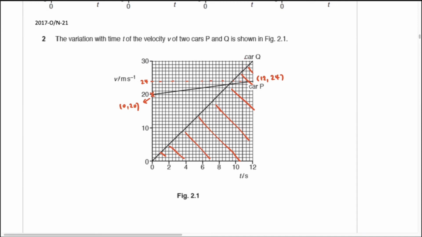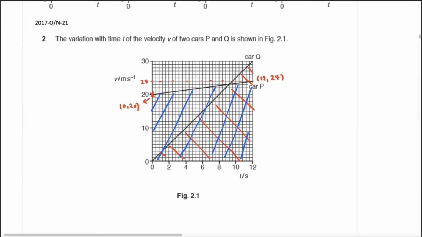Of course, the displacement is the area under the graph. Area under the graph is the distance straight away. For car P, you have to use this, the area under the graph also. It's a trapezium shape for car P. Okay, so let's calculate the area under the graph for car P first.